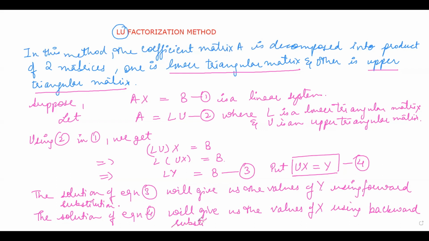How can I say whether it would be backward or forward substitution? Forward substitution, because here L is the lower triangular matrix. And in case of backward substitution, it is because here we have the upper triangular matrix. Due to that, I'm saying forward and backward substitution.